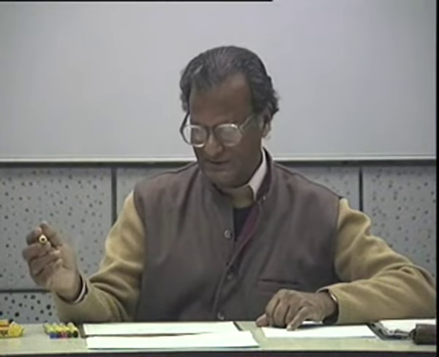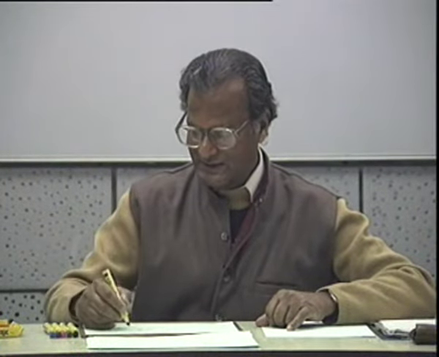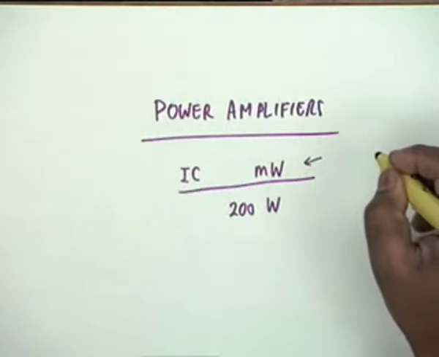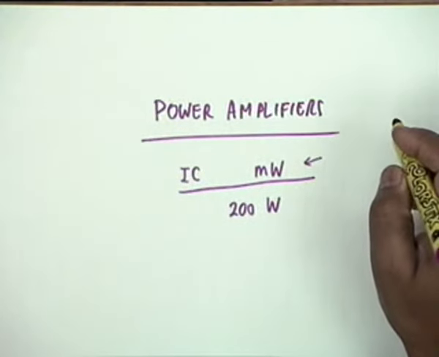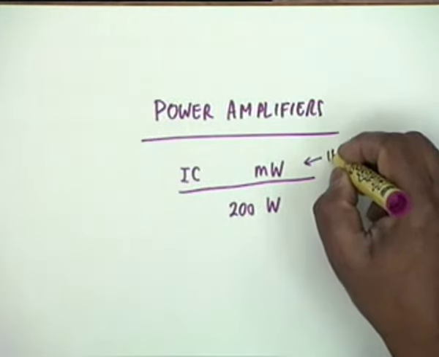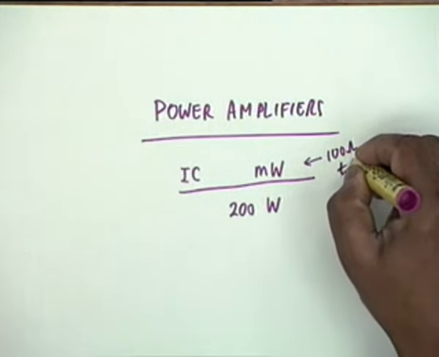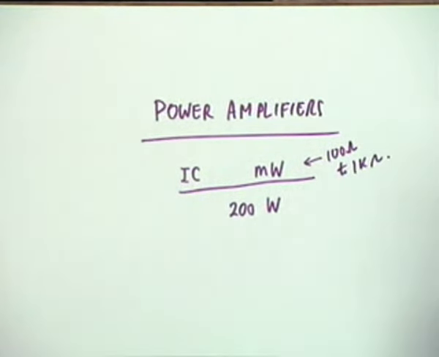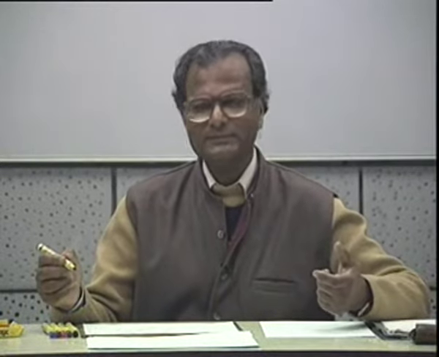In integrated circuit power amplifiers, the output load resistance would be of the order of 100 ohms to maybe 1K, for a power amplifier to drive a small motor, or to light a lamp, an indicator, and things like that.